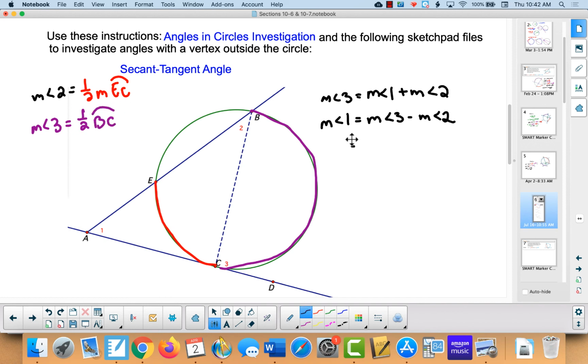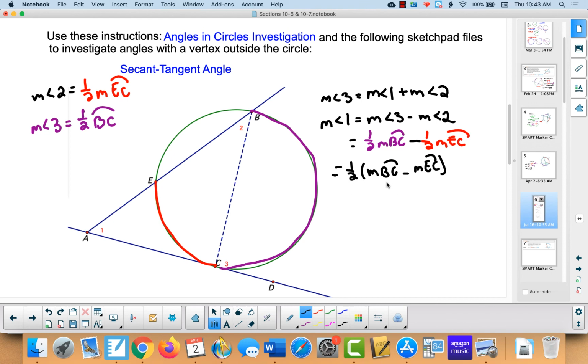So when I plug things in here, the measure of angle 3 is 1/2 the measure of arc BC. The measure of angle 2 was 1/2 the measure of arc EC. Factoring out the 1/2, we get this.